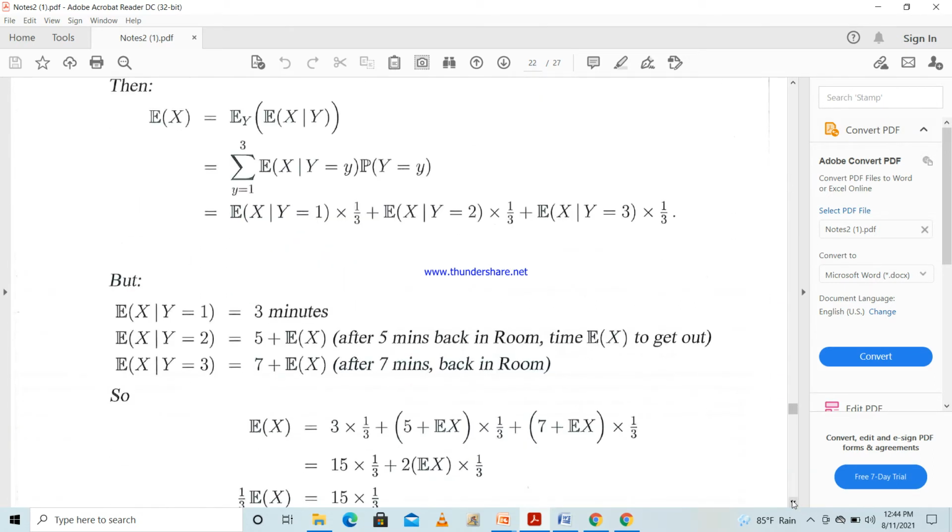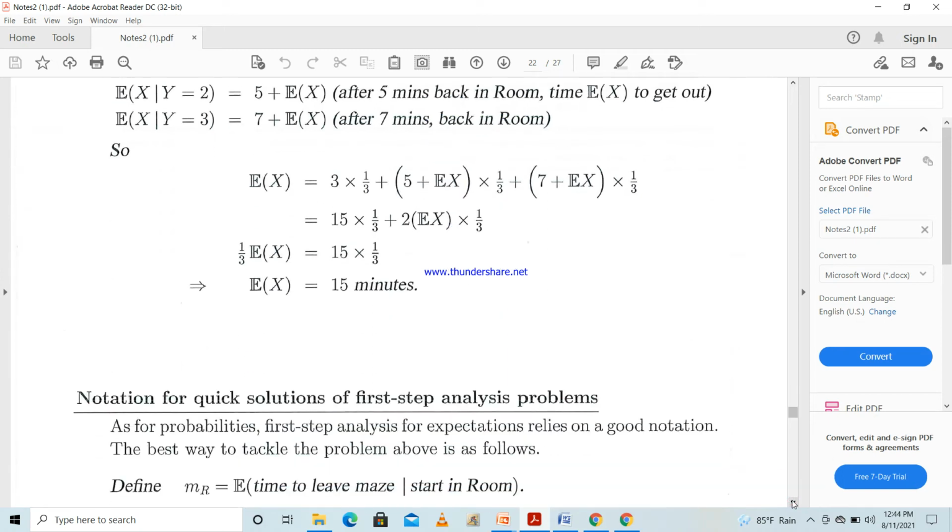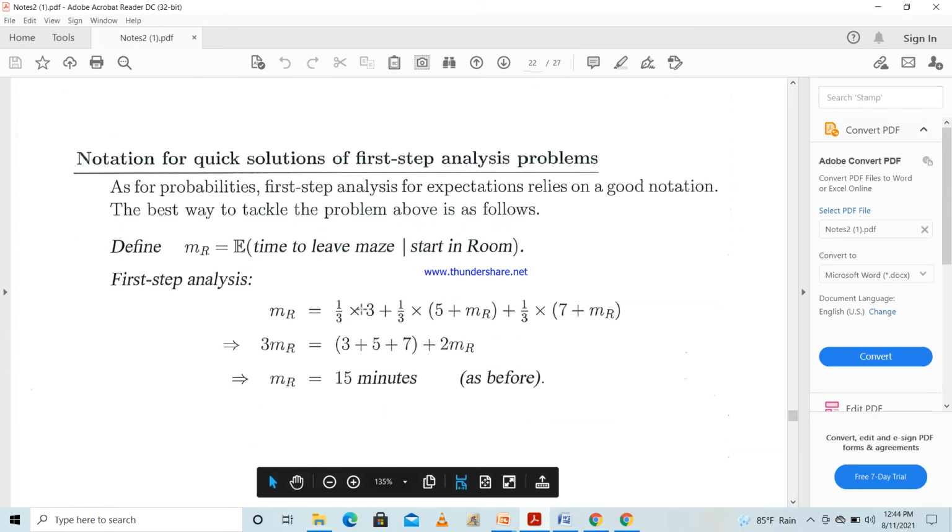So what you can do is use the quick notation of first step analysis. For the first path, probability is 1 over 3, you have to spend 3 minutes. Plus, second path, probability is 1 over 3, and you have to spend 5 minutes, but you will come back to the same point.